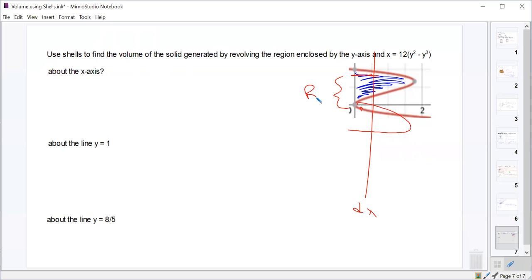And my inner radius is this, but both of those come from the same function, don't they? And I need to have them as x values. So I would have to solve this thing for y to get multiple different x values. That's going to be an issue, right? Because the same function is defining both the outer radius and the inner radius.